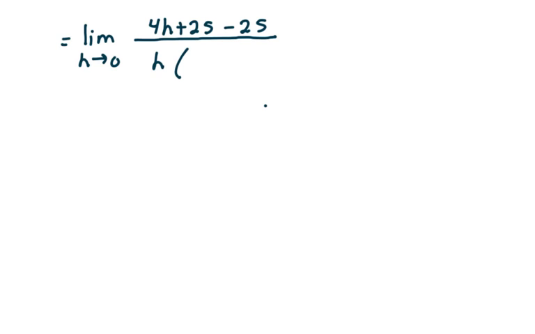And we're going to divide by h times the square root of 4h plus 25 plus 5. Do not distribute that h in. You want to leave it in factored form. And so notice how the 25s go away.